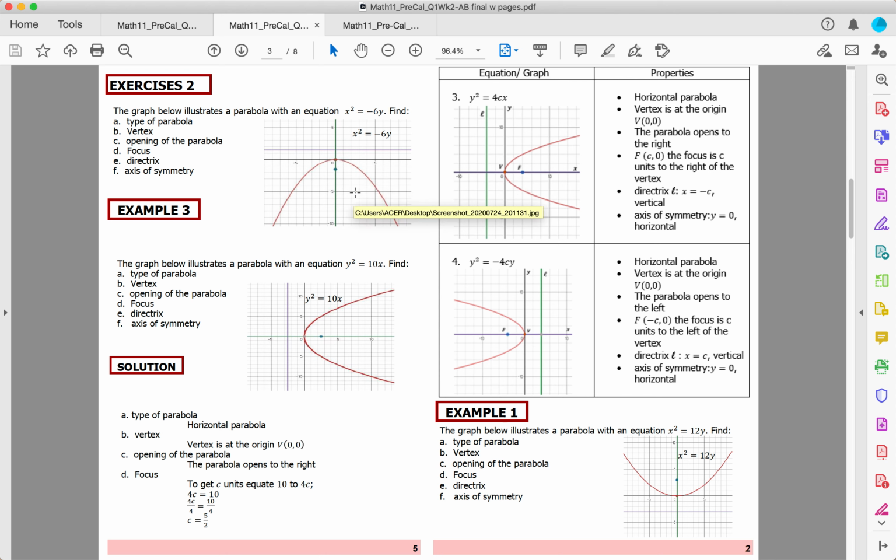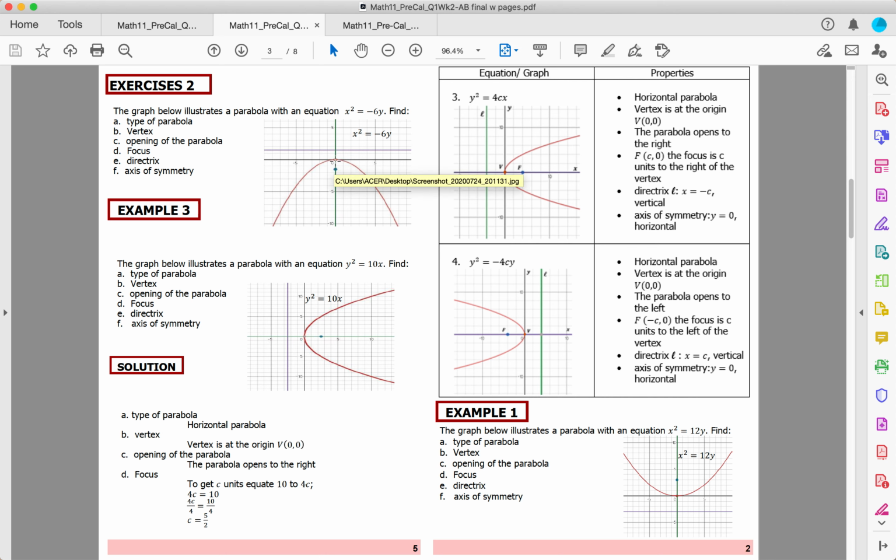Why is it negative? Because your parabola is facing downward. Why is it facing downward to begin with? Because the given equation has a 4c that is negative, which is negative 6 in this case. All right, now that's your focus. For your directrix, the same distance, 1.5.